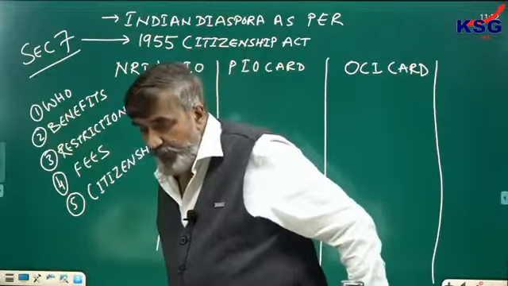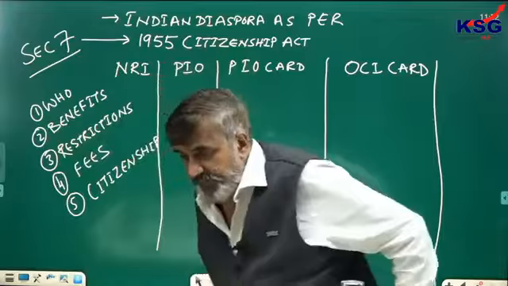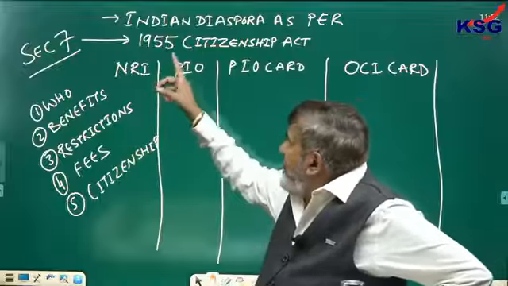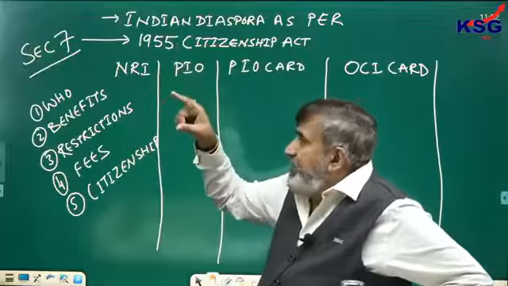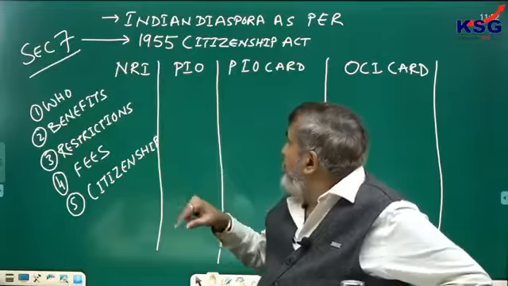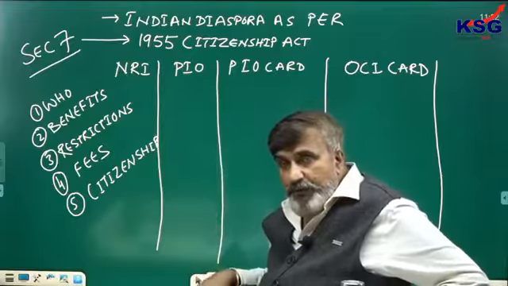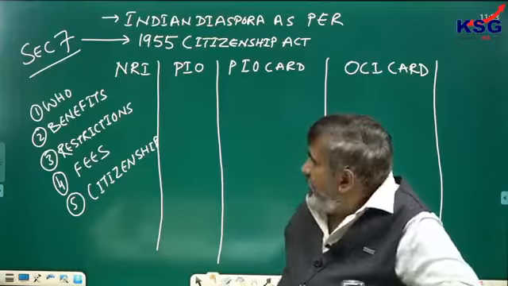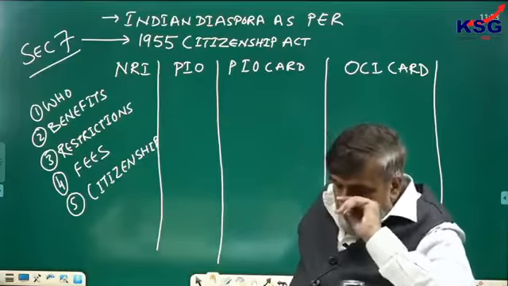Okay, anyway. So, write about who. You can either write in column or you can write a heading who, then 1 NRI, 2 PIO, 3 PIO card holder, 4 OCI card holder. Whatever way suits you, you write like that.